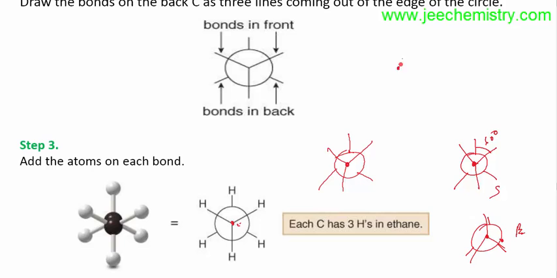Now I will show you a better way. The front carbon has 3 bonds. Now the backward carbon also has 3 bonds: 1, 2, 3. Now there is a 0 degree angle. I have shown this slightly to the left, but actually this is in the back. This is the front, and this is in the back, exactly aligned with the front carbon hydrogen bond.